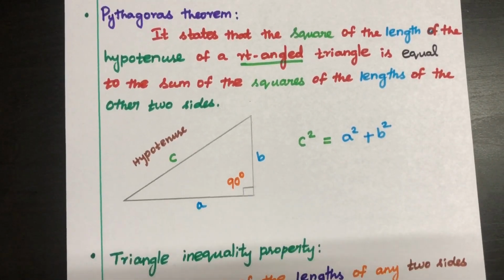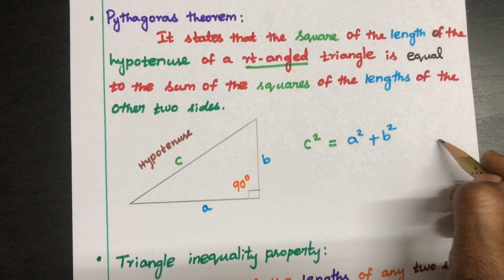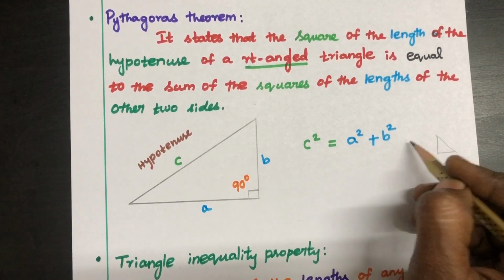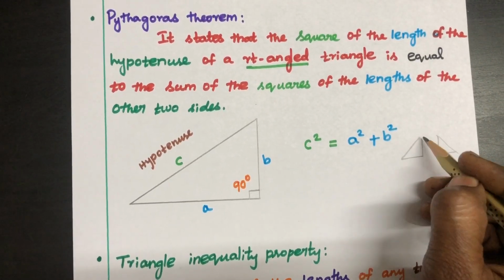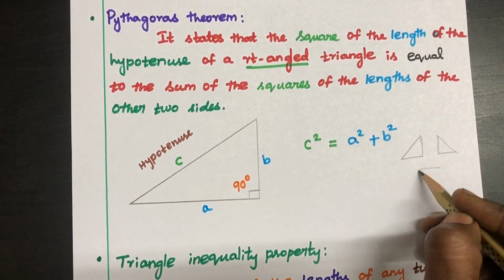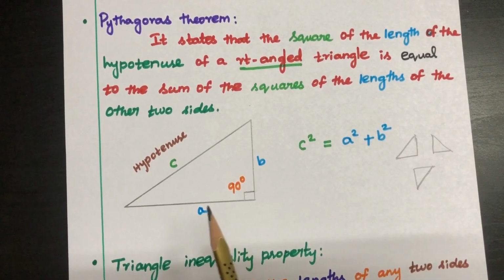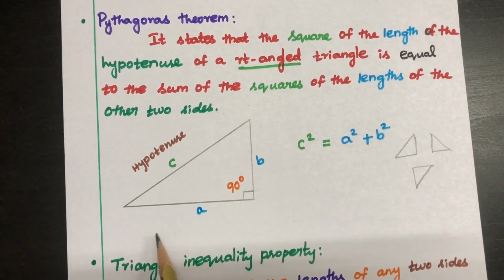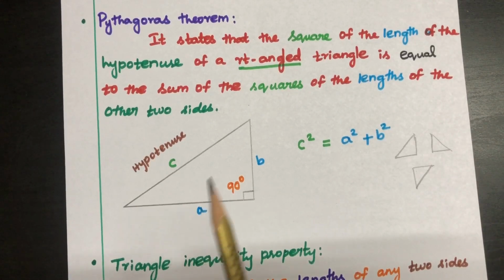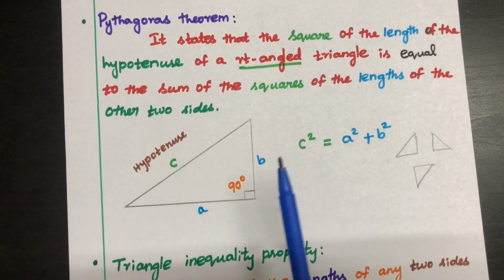It may be any way, like this L, like this L, whatever. If an L shape is forming, that is called a right angled triangle. Using this right angled triangle, we are going to construct the Pythagoras theorem. How does the Pythagoras theorem work? See here.